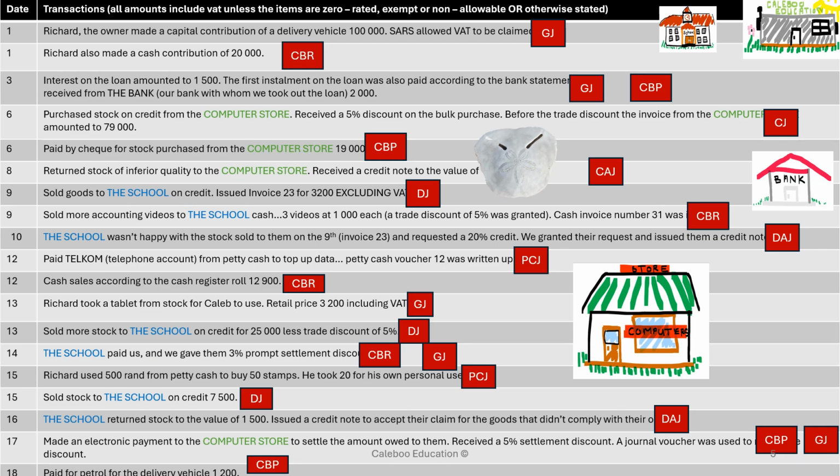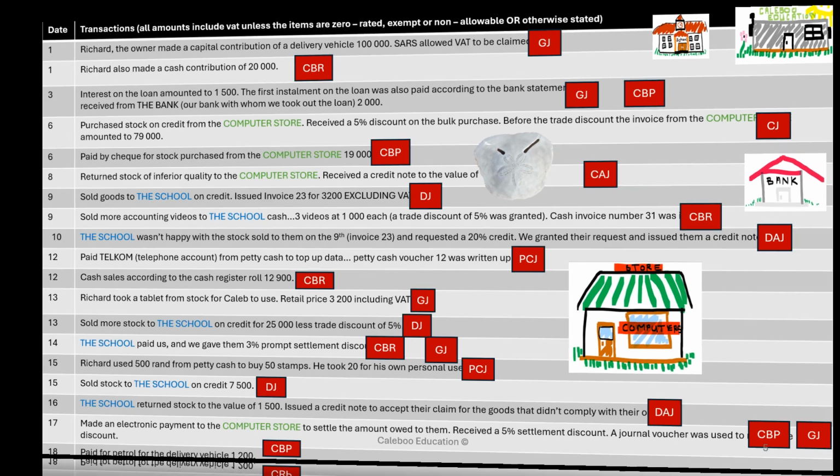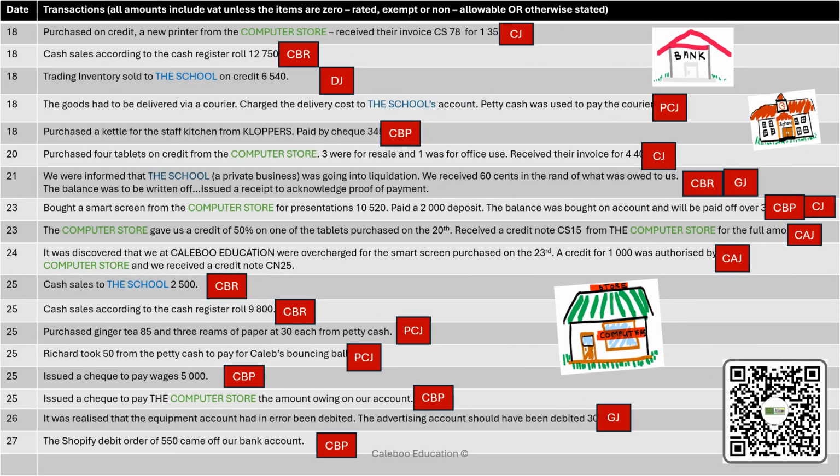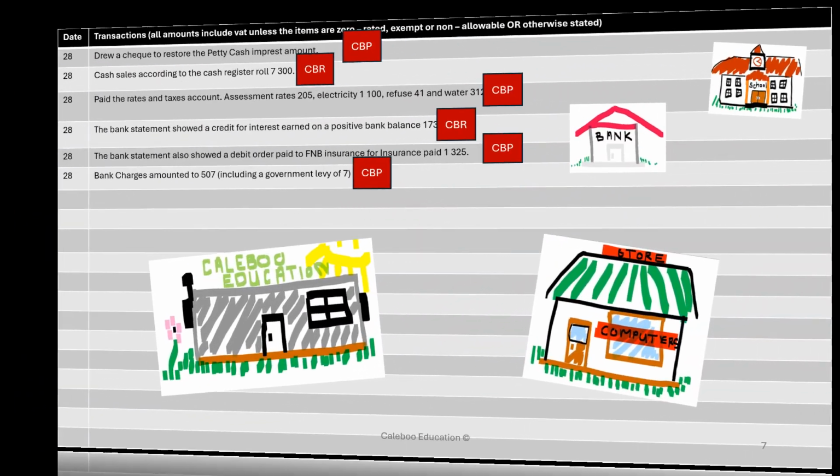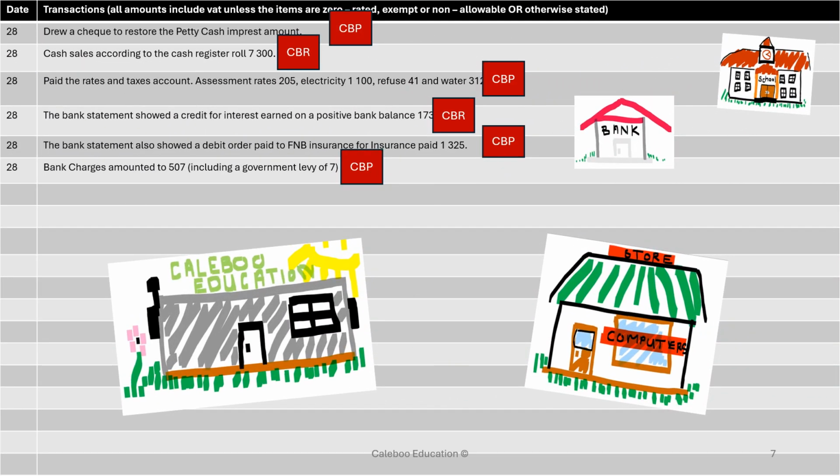These are the transactions I use in this course. What I've done is I've taken out all the transactions that relate to the computer store. We're buying on credit from the computer store.